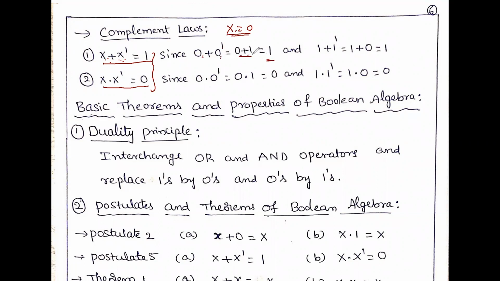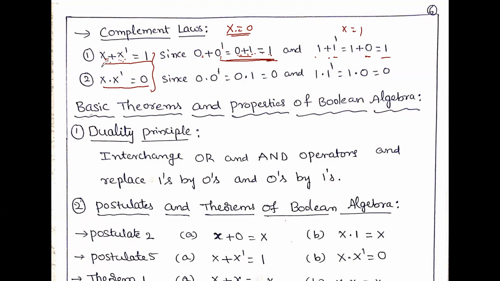The OR in between, 0 plus 1 is 1. Similarly, suppose if x equal to 1, that means 1 plus 1 dash means 0, which is equal to 1 again. So, both give the same value as 1.